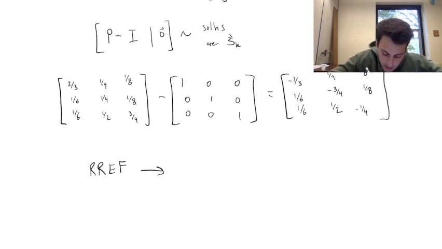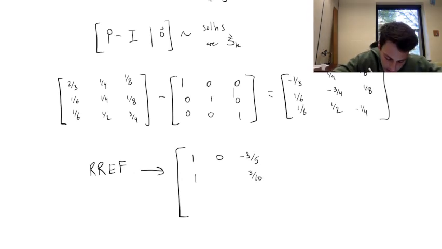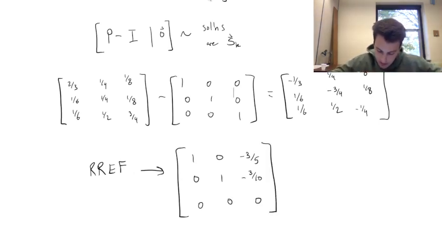It's going to be 1, 0, negative 3/5, and then 3/10 here. 1, 0, negative 3/10. Let me double check this. Yes, great. Okay.